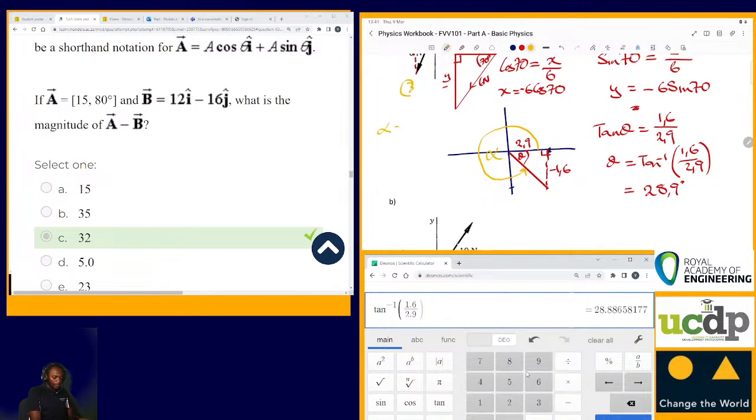Our angle alpha will then be equal to 360 degrees minus 28.9, which is 331.1 degrees. So that is what you're supposed to get. That becomes your angle for that part of the question.